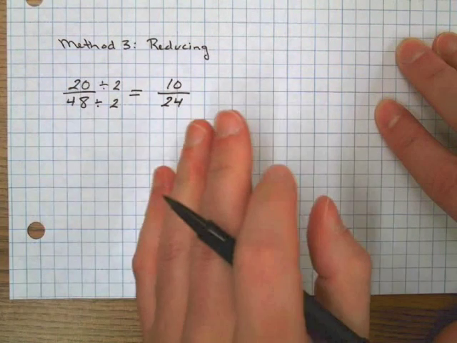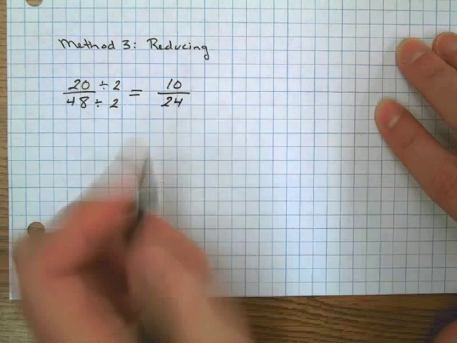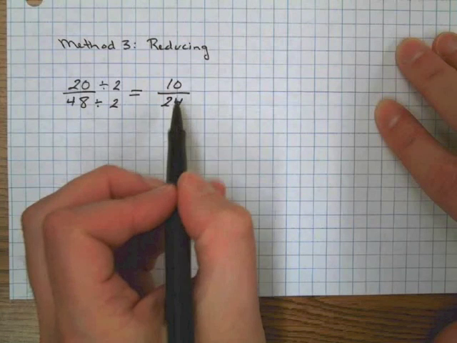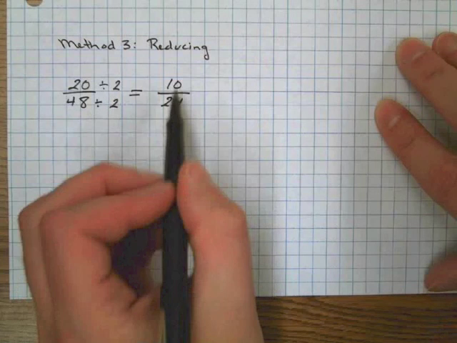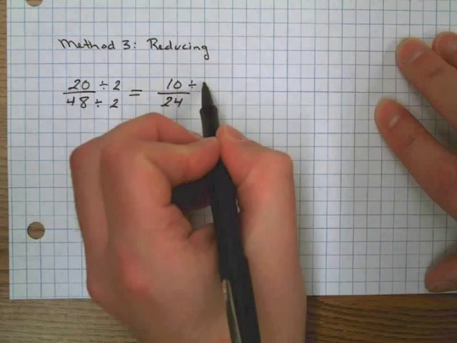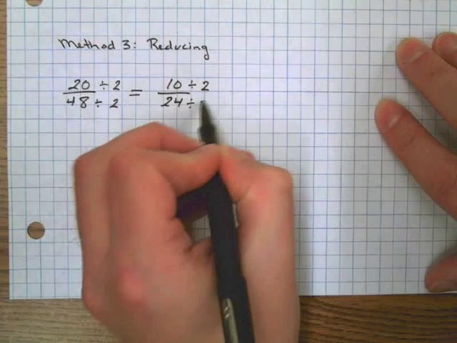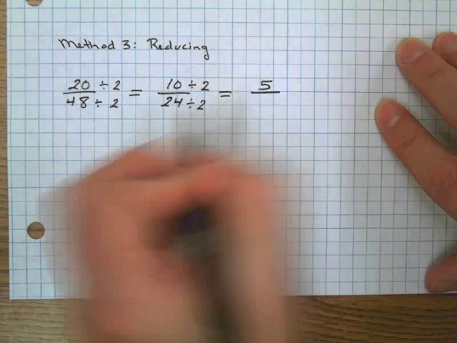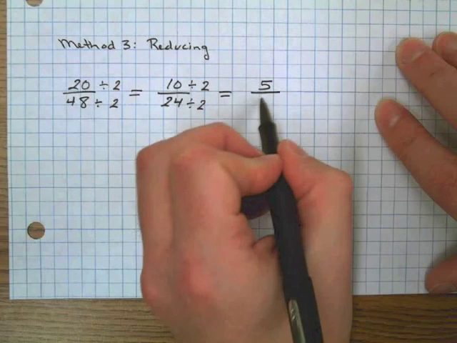So I can ask myself, is this simplest form? Are there factors here other than 1 and the numbers themselves? Do they have anything in common? Well, they're both even numbers. That means that I can divide them by 2 again. 10 divided by 2 is 5, and 24 divided by 2 is 12.